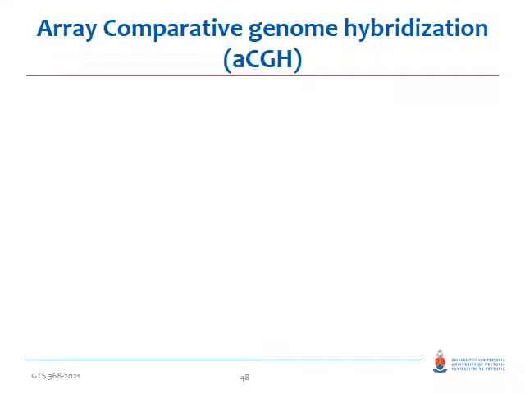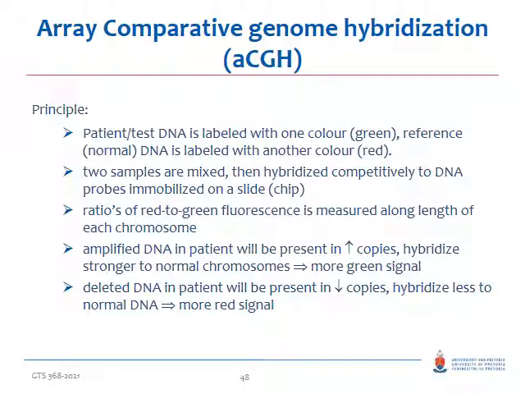In the case of array CGH, your patient or your test DNA is labeled with one color, green, and the reference or the normal DNA is labeled with another color, red in most cases. These two samples are then mixed and hybridized to DNA probes on a slide or a chip.